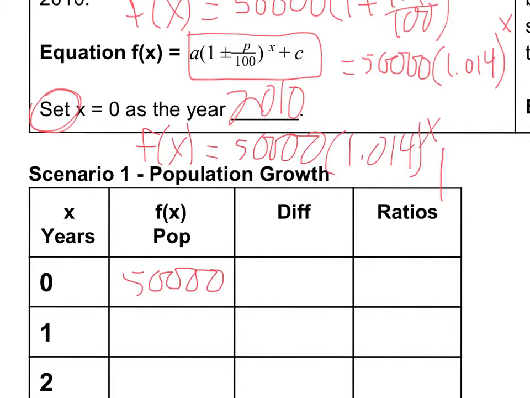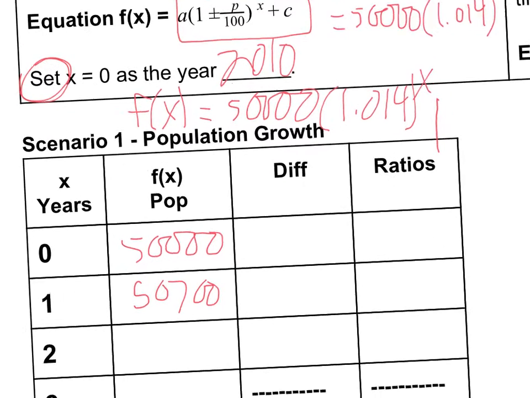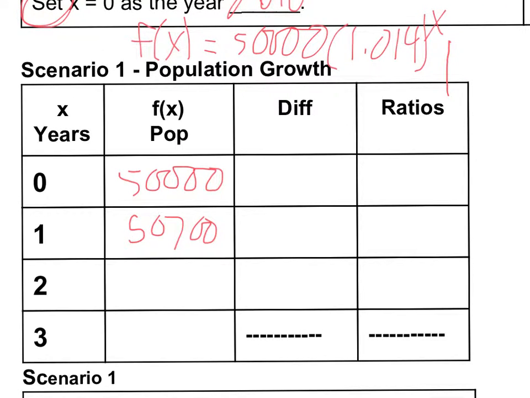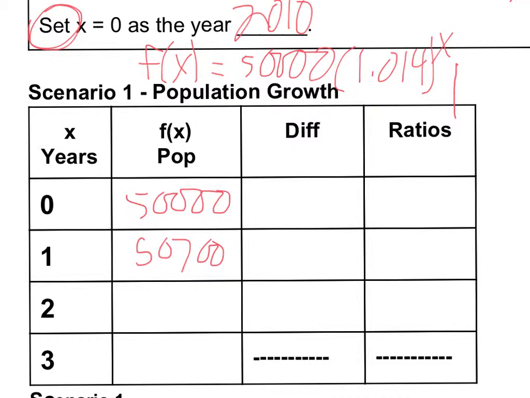Then I substitute in exponent of 1: 50,000 times 1.014 to the exponent of 1, which is 50,700. Then I can move up again and multiply by 1.014 yet again, which is 51,410 if I round properly.